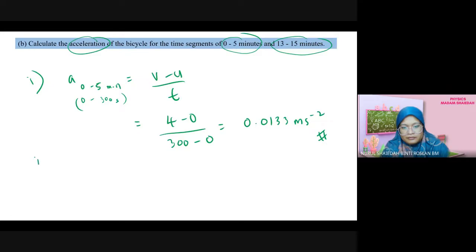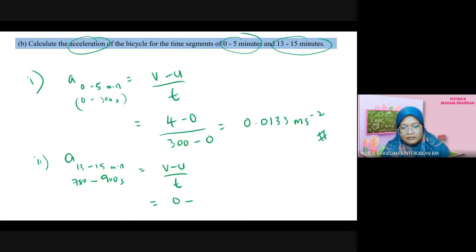Okay, number 2, the acceleration within 13 to 15 minutes, or if we change into seconds, 780 to 900 seconds. So the formula is the same, V minus U over T. So our V at 900, we look back, because it stopped.